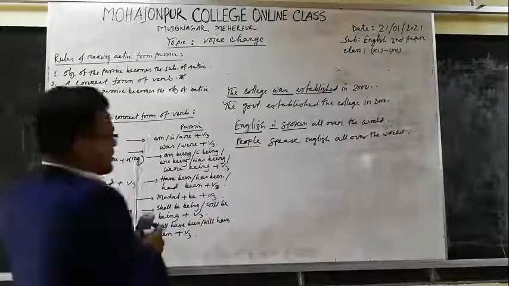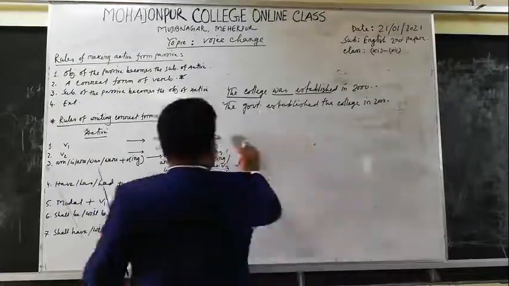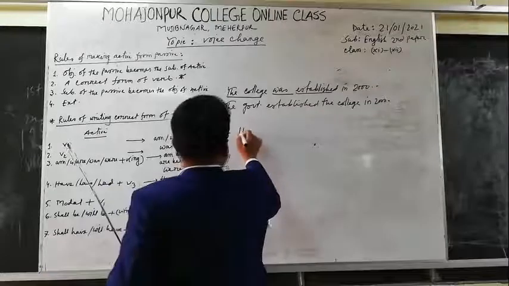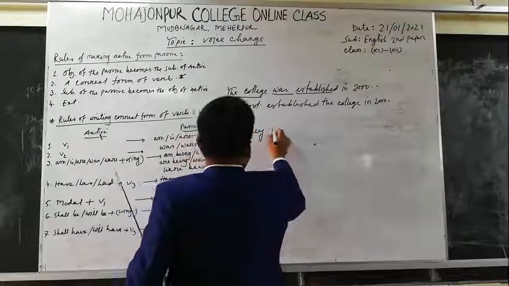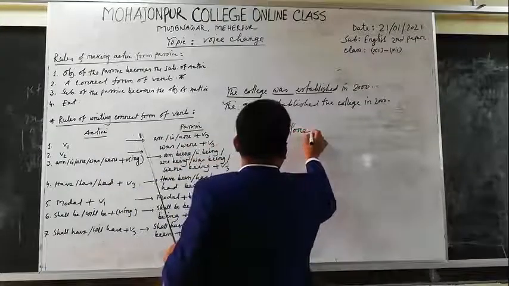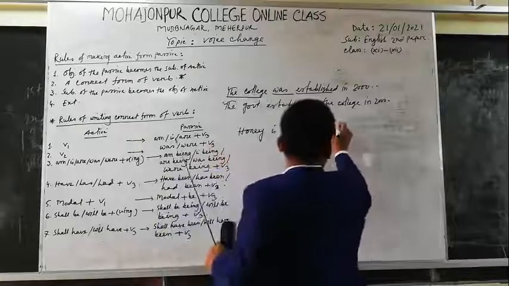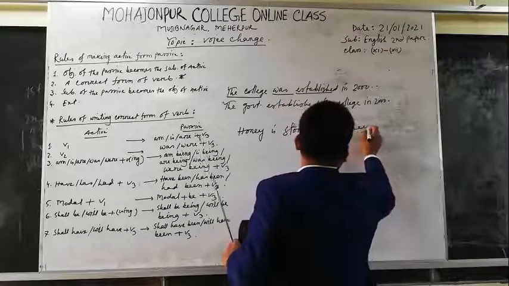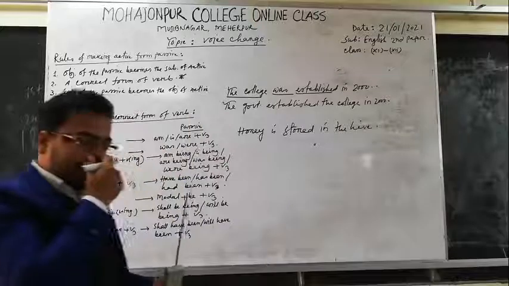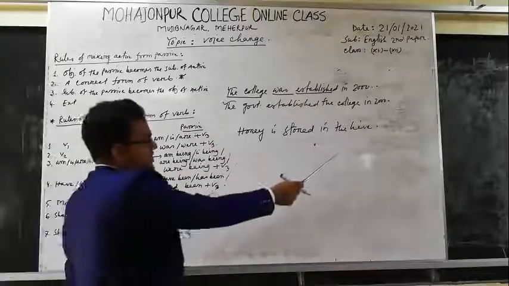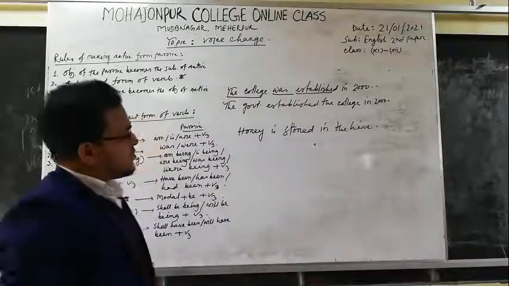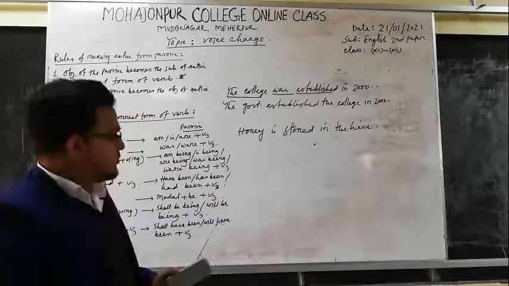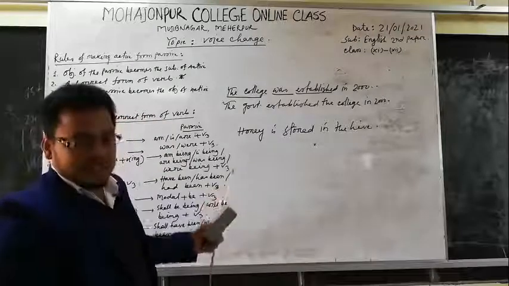Okay, my dear students, look at another example: honey is stored in the hive. There is no object here also, so we have to write an appropriate subject here to make it active.